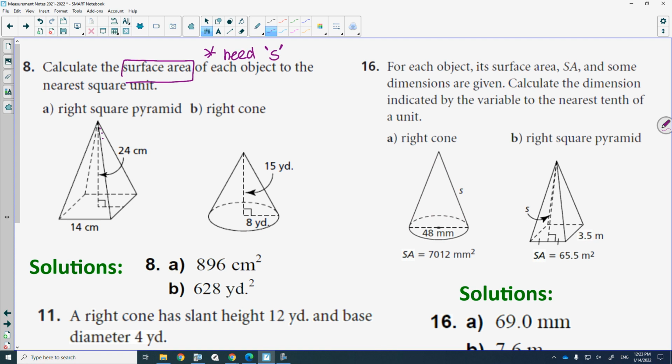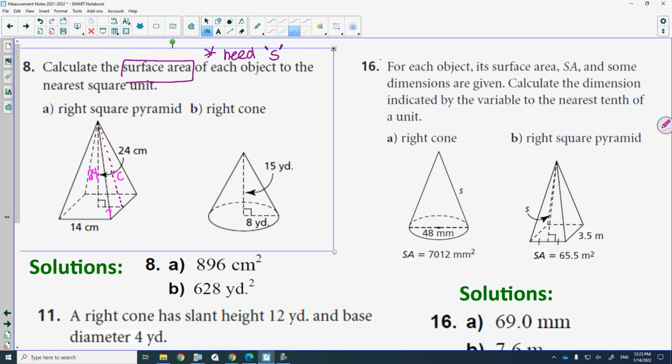You need to, these ones you need to get your triangles. So the base of this triangle, what would the base of this one be? If the entire distance is 14, what would the base of that be? 7. Yeah, the base of that is 7. The height is 24, and you are going to figure out what C is. Once you have C, you have the slant height.